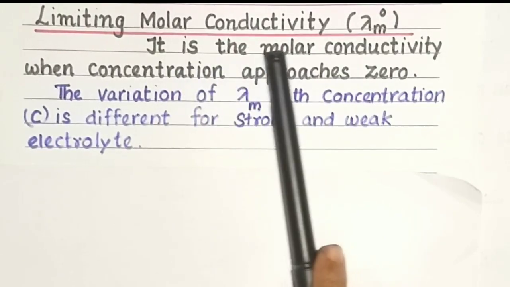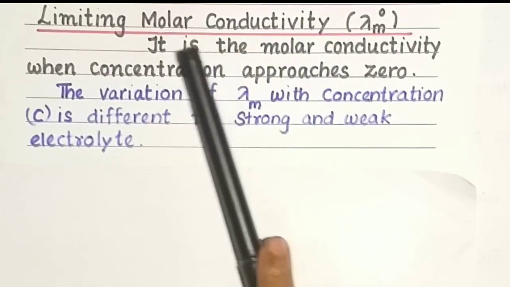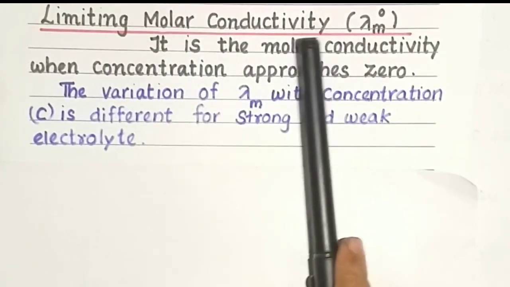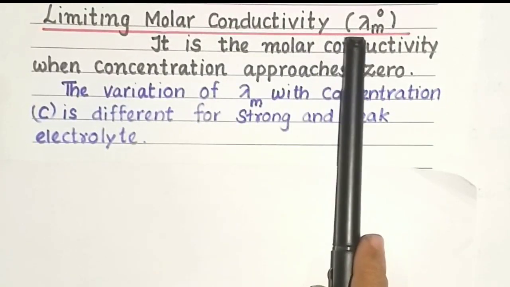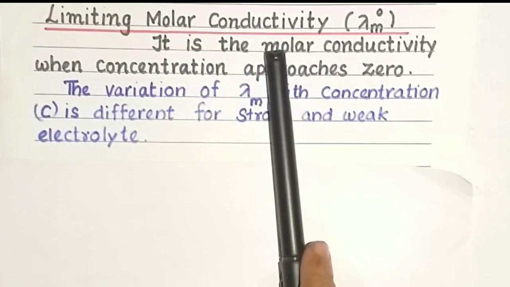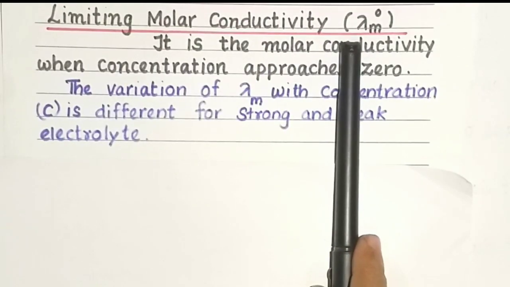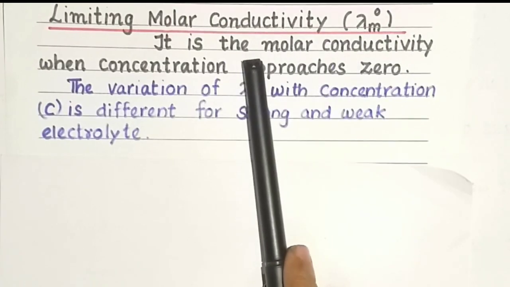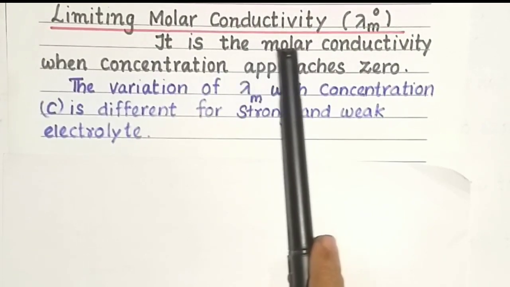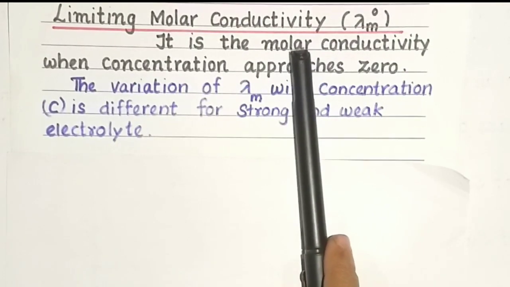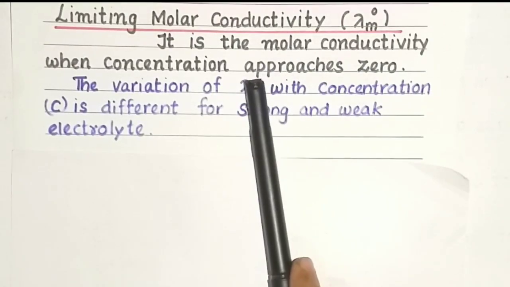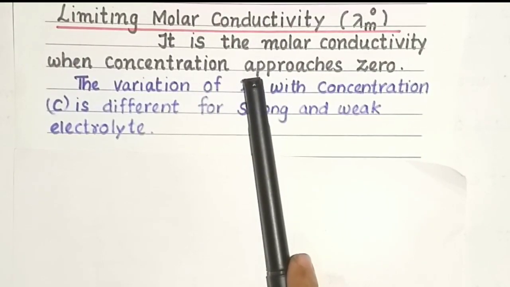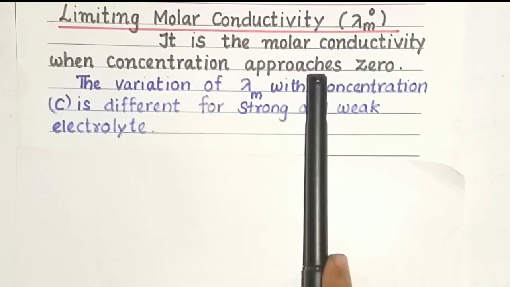Limiting molar conductivity. What do you mean by molar conductivity? It is the conductance of 1 mole of an electrolyte. It increases with dilution, as on dilution the concentration decreases. Then we dilute it to the maximum value, so the concentration approaches 0.